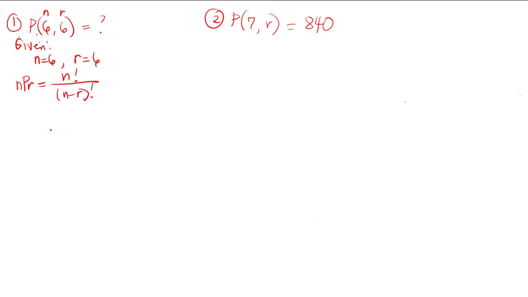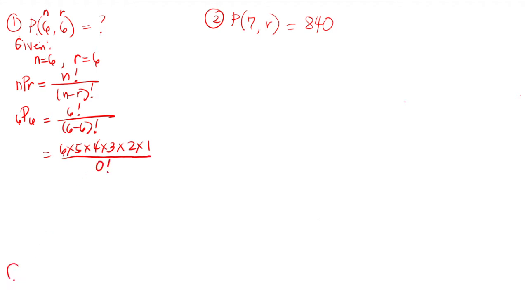And then substitute lang, n will become 6, r will become 6. So 6 factorial over 6 minus 6 quantity factorial. And then evaluate, 6 factorial is 6 times 5 times 4 times 3 times 2 times 1. And 6 minus 6 is 0. So you have 0 factorial.